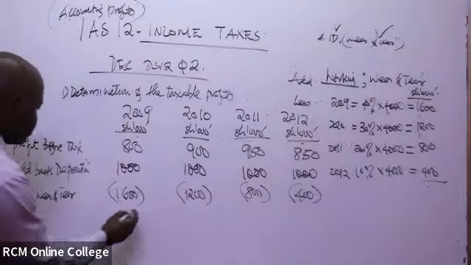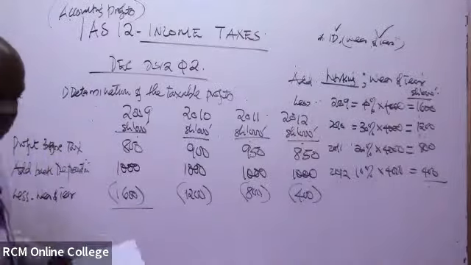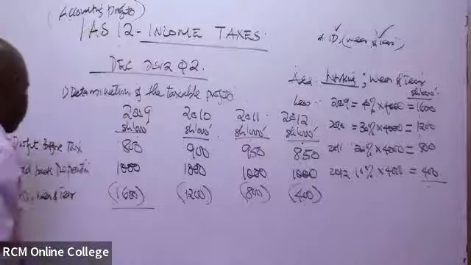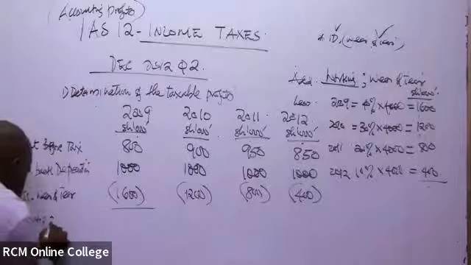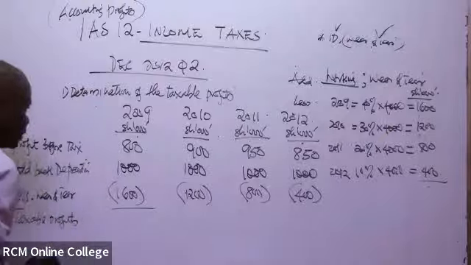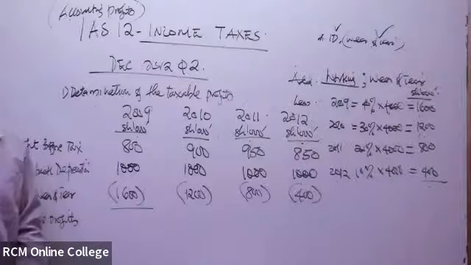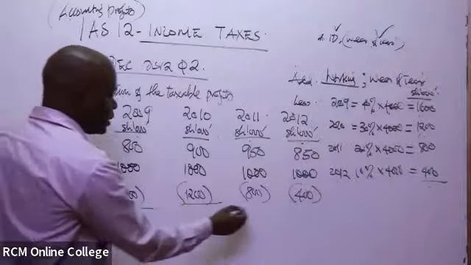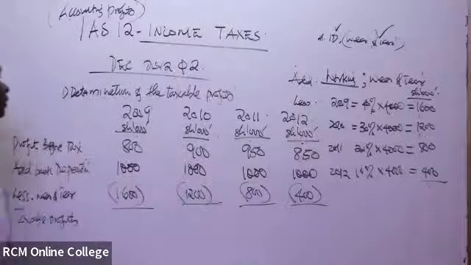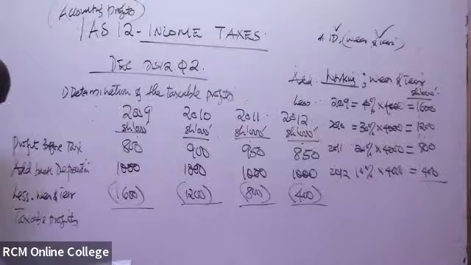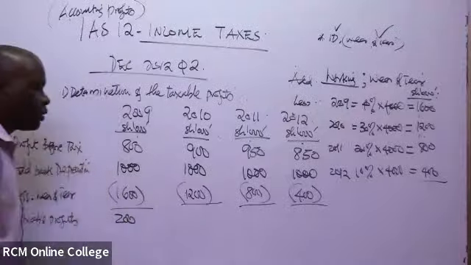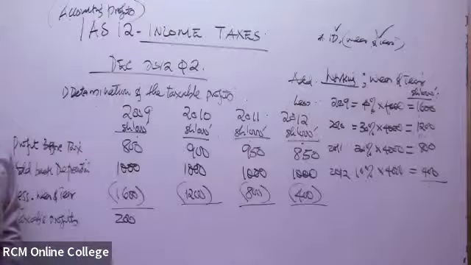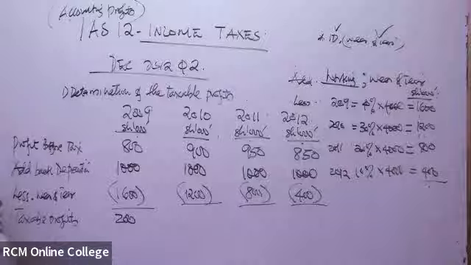Now the taxable profits will likely be how much? For the first one, you can give me the figures. It is 200. The second one is how much? 700.